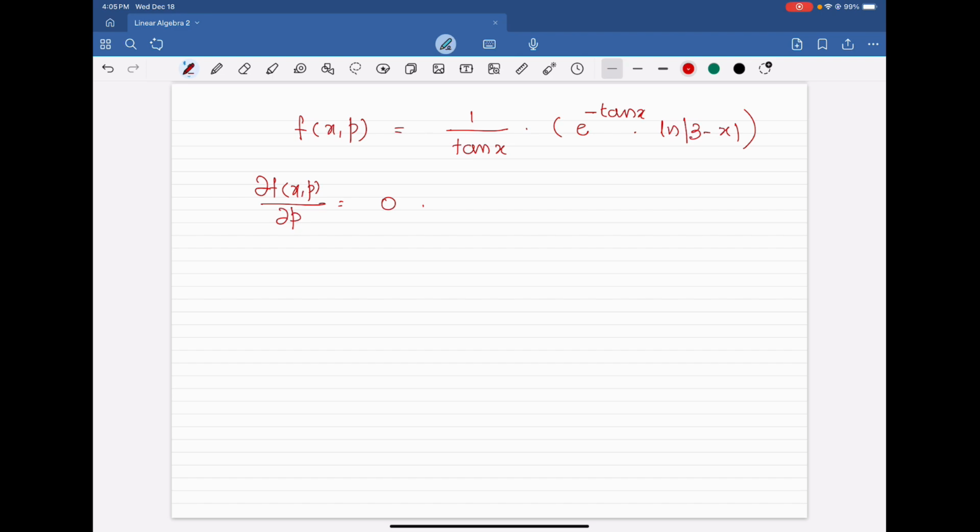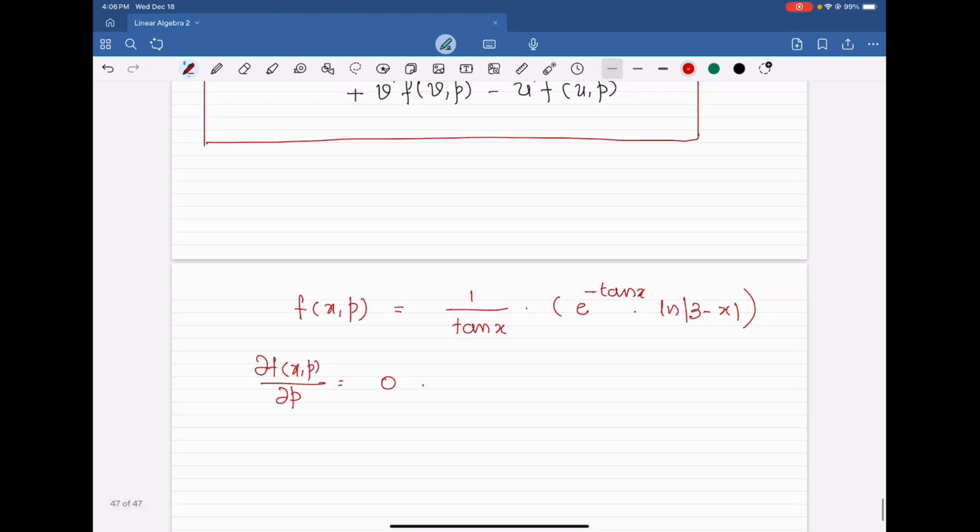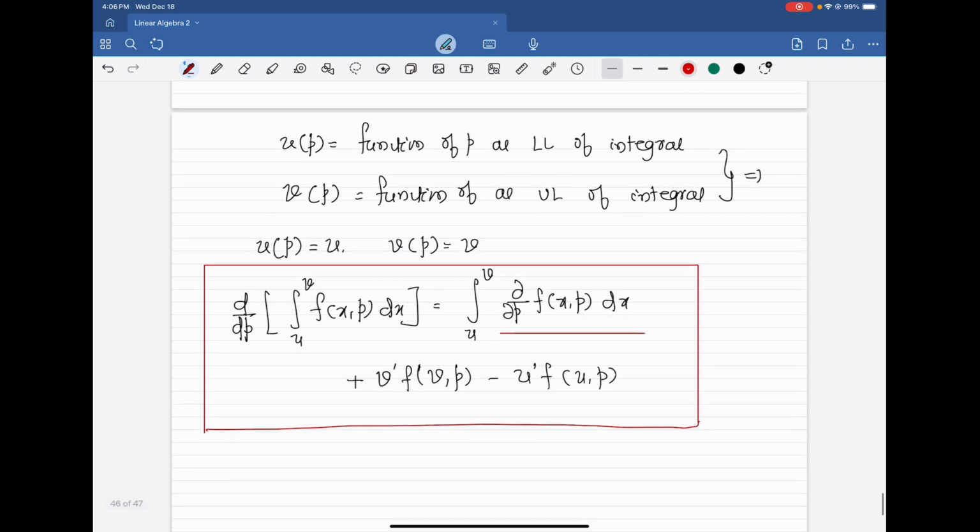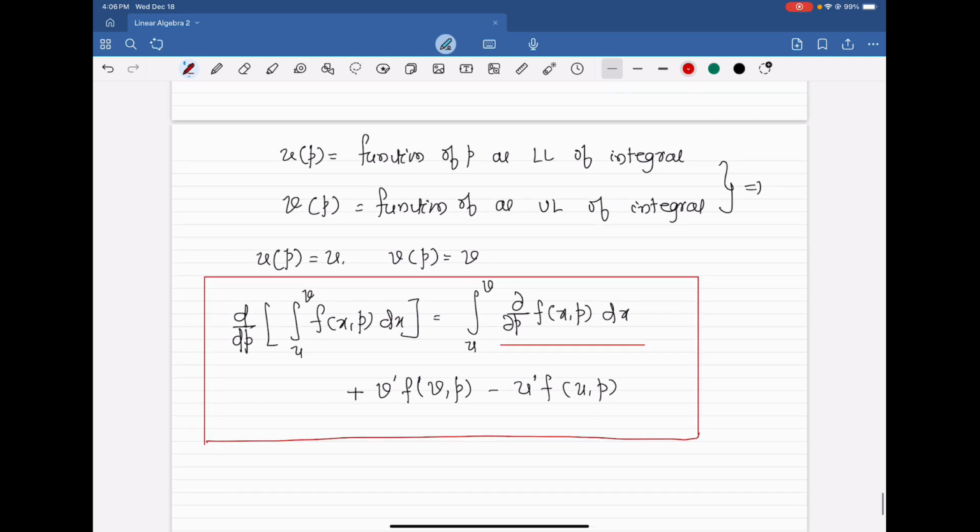Then we'll go for solving the questions. I will take up a very simple problem and let me see whether our understanding goes well. For example, my original equation is d by dp integral u to v f(x,p) dx is equal to integral u to v dou by dou p f(x,p) dx plus v dash f(v,p) minus u dash f(u,p).